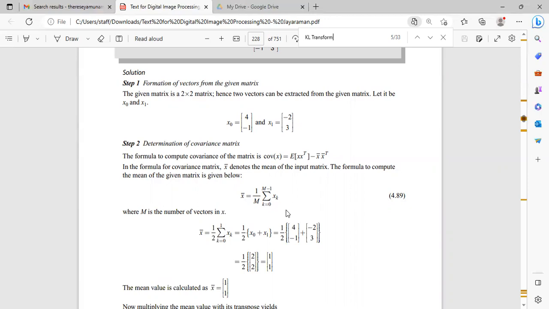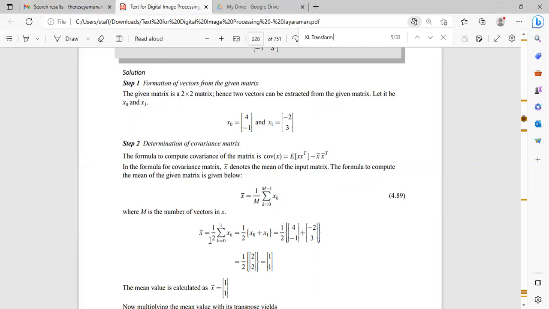In the formula for covariance, you have an expression for the mean, X bar into X bar transpose, so you have to find the mean first. M is the number of vectors. So what will be the value of k here? k will be 0 and k will be 1.